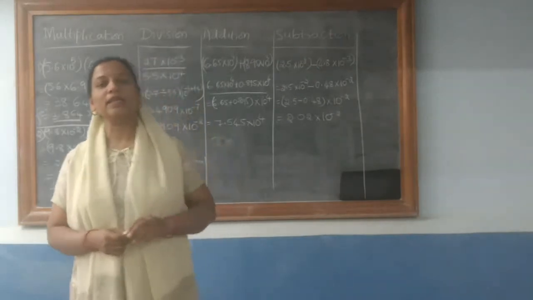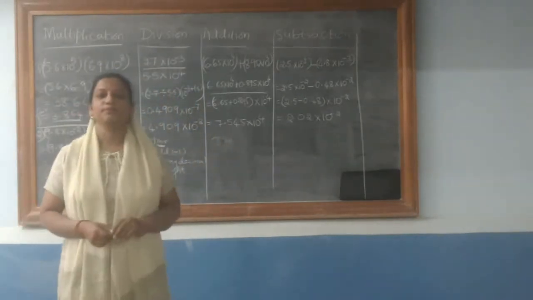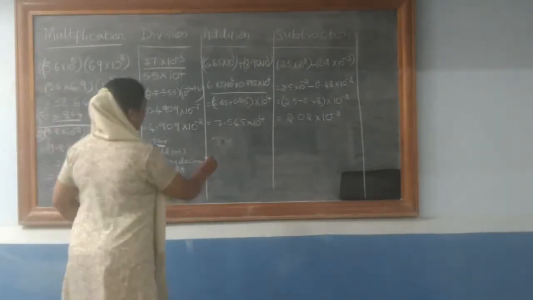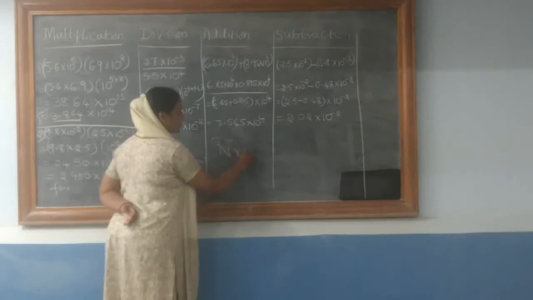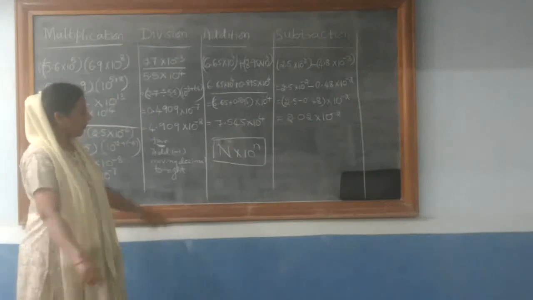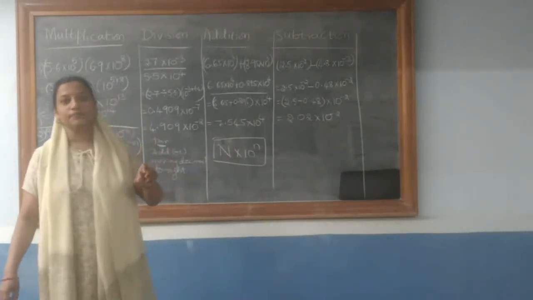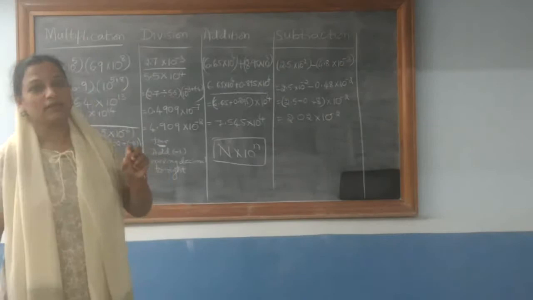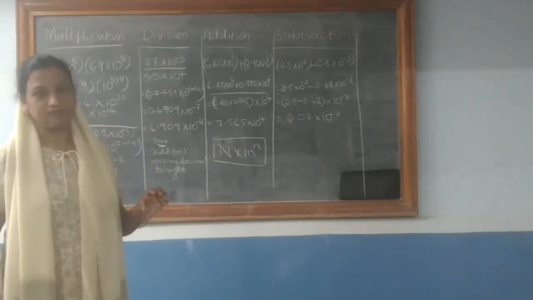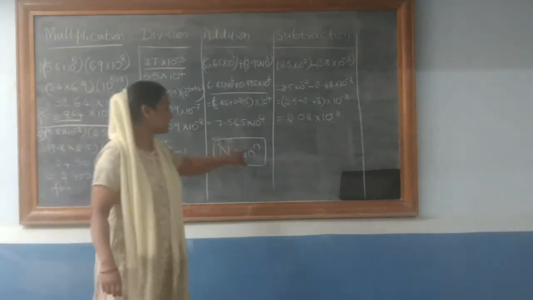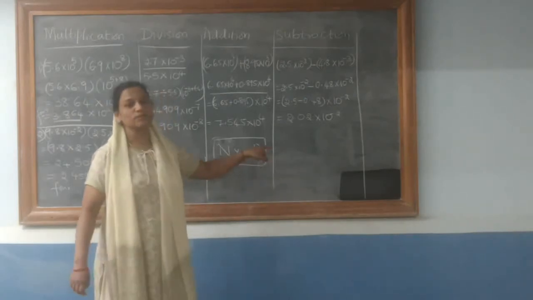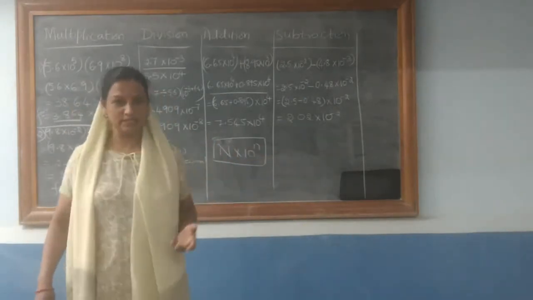As you all remember, in scientific notation the given value is expressed in the form N into 10 raised to n, where capital N indicates a number having a single digit to the left of the decimal, whereas small n is an exponent of 10. n can be either positive or negative, or it can be 0.